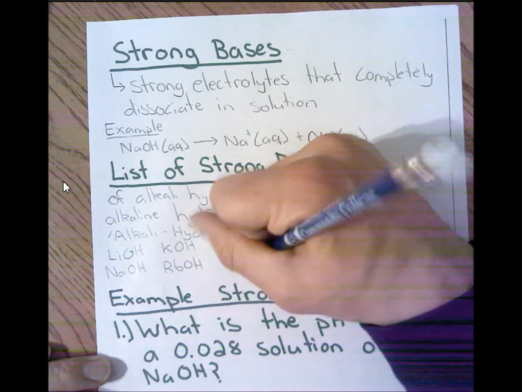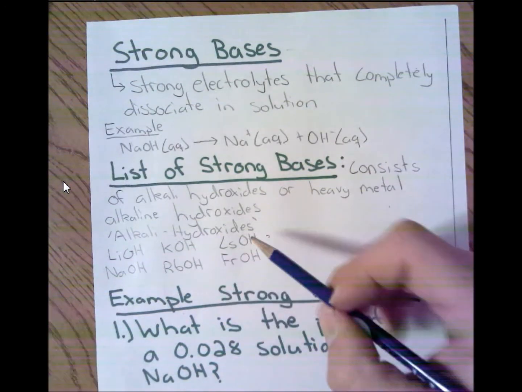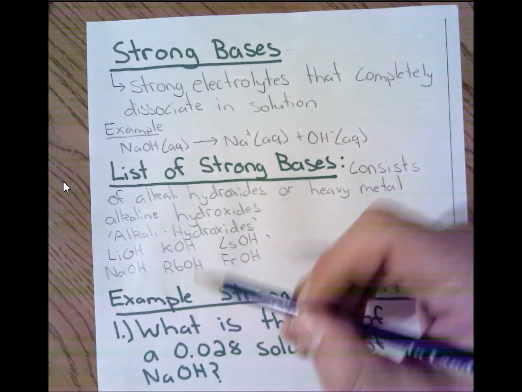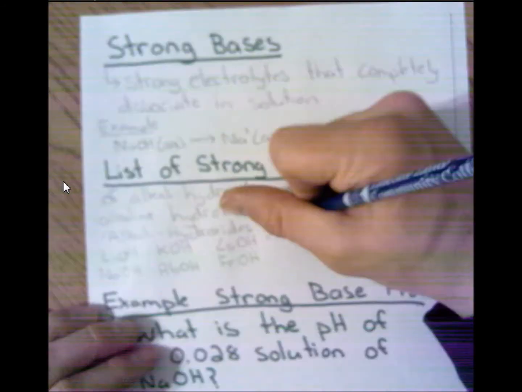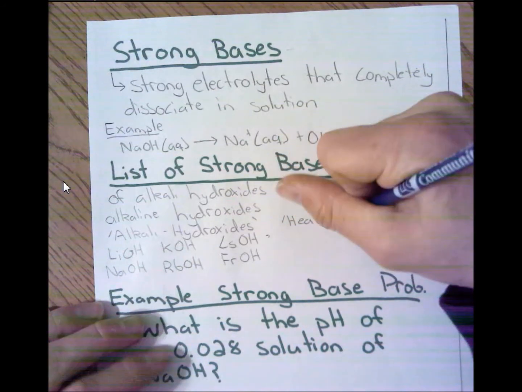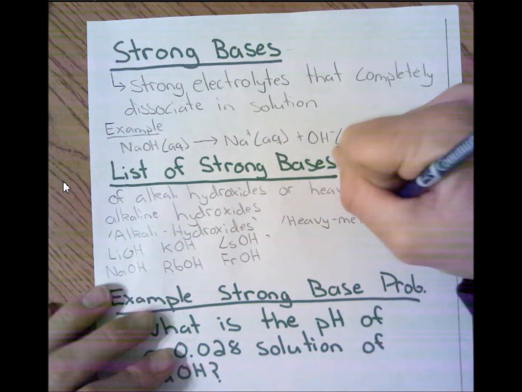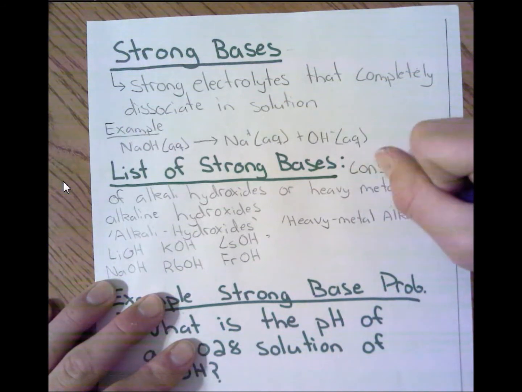And so on the other side here, these things, heavy metal alkaline hydroxides. And I'm running out of room, so I'm going to leave it off. But what counts as a heavy metal alkaline is this. We start out here with magnesium. Magnesium is considered heavy metal.